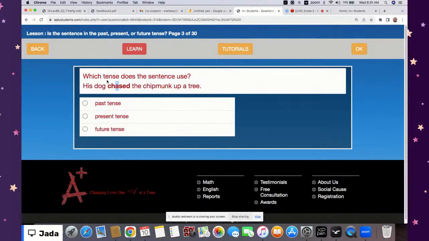So past tense, okay? Everyone, it has ed. So it's going to be past tense.